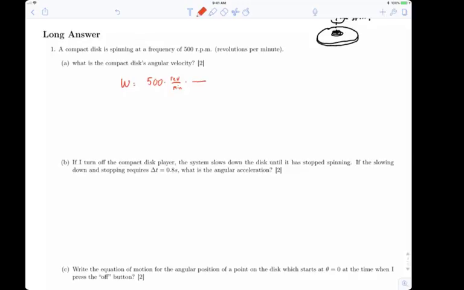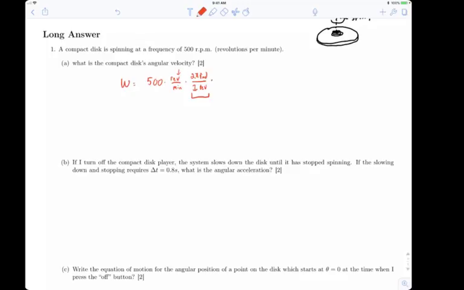So I'm going to make this revolutions go away. I can describe it in radians instead. 2 pi radians is equal to 1 revolution. Note that all of these are the same. 1 revolution is equal to 2 pi radians. And so that whole thing has value 1. All it does is it converts the units.